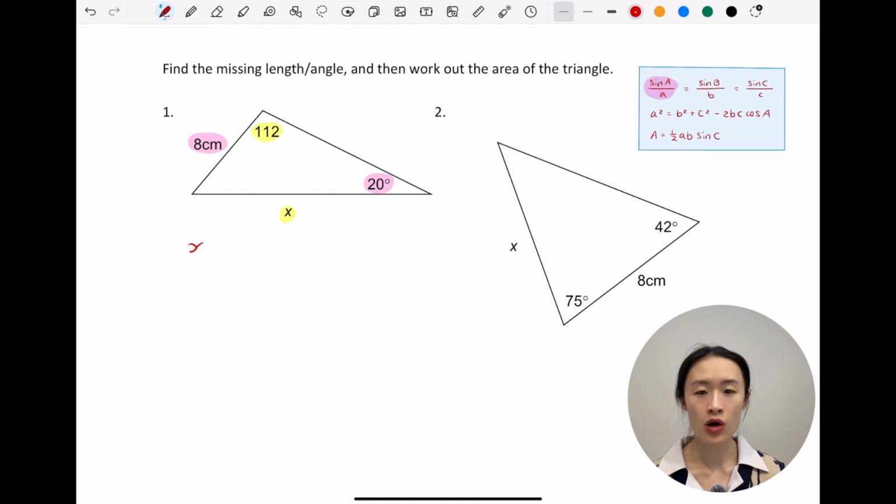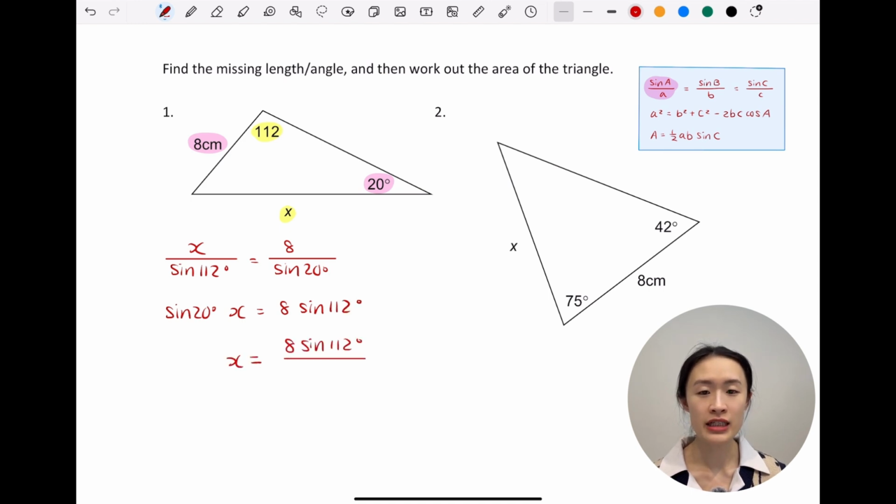I say x over sine 112 is equal to 8 over sine 20. Now cross multiply, we will have sine 20 times x is equal to 8 times sine 112. To solve for x, I need to divide by sine 20 on both sides. Put that into the calculator, we can see that x is 21.68.